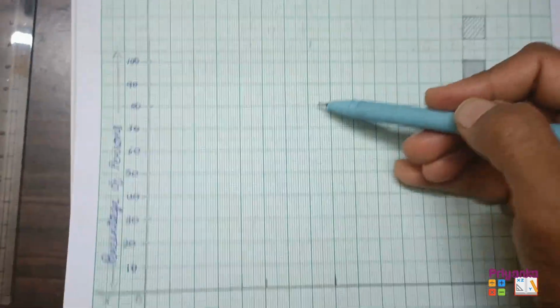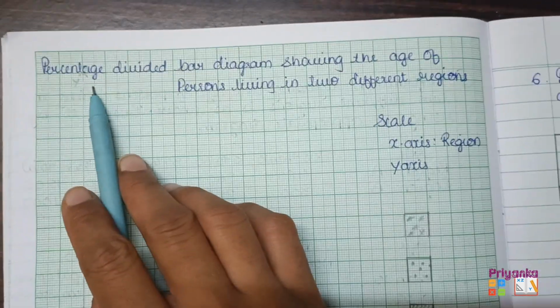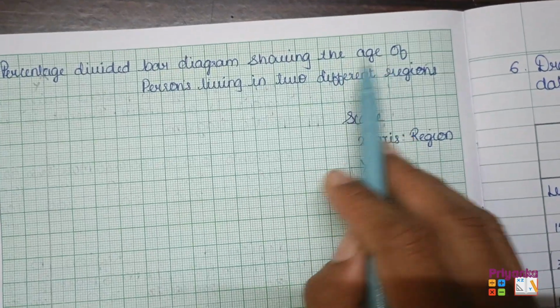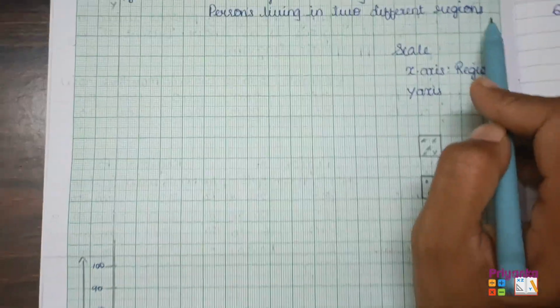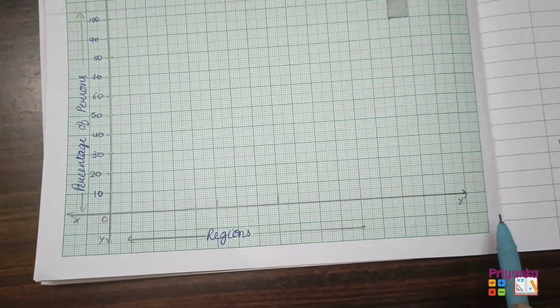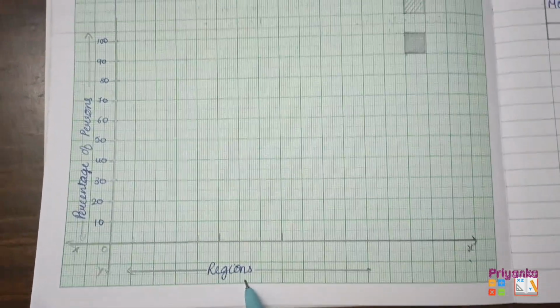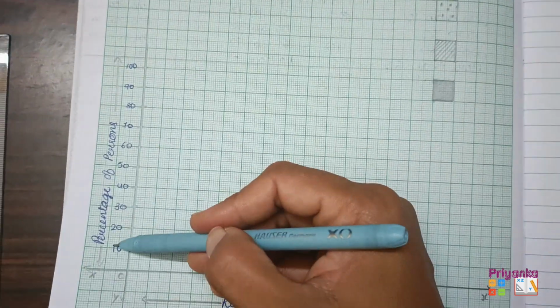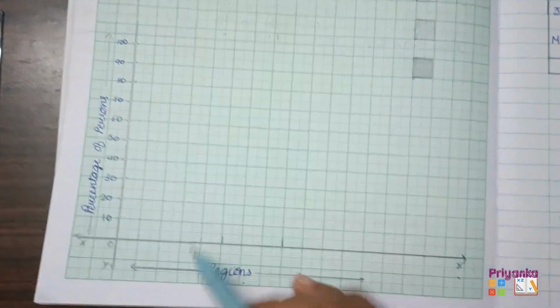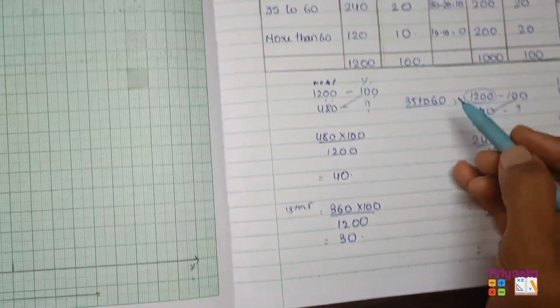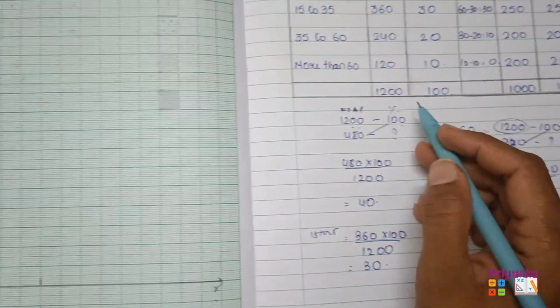and divide this diagram. So first write down the title: percentage divided bar diagram showing the age of persons living in 2 different regions. As usual, what we have done in the last question, on the x-axis we will display the region, and on the y-axis the percentage of persons. So let's take the total first.